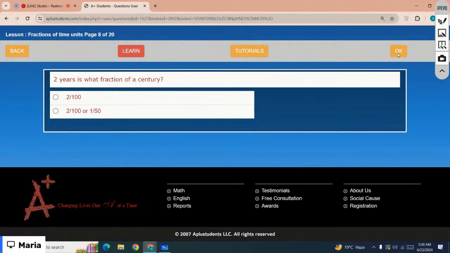2 years is what fraction of a century? That is 2 over 100 or 1 over 50, right?